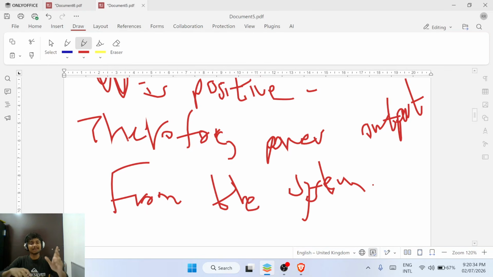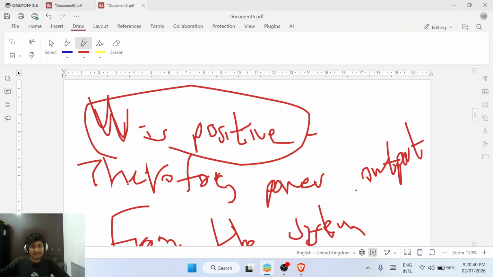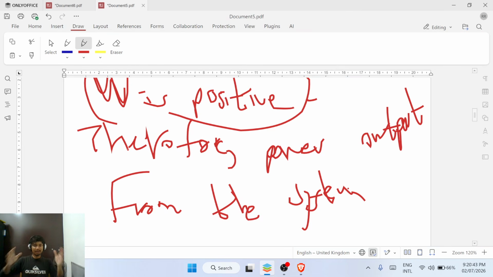Therefore, it will do some work. W is positive means power output from the system. The engine is the system, and we get power output from it. That is the meaning. W is positive means power output from the system.